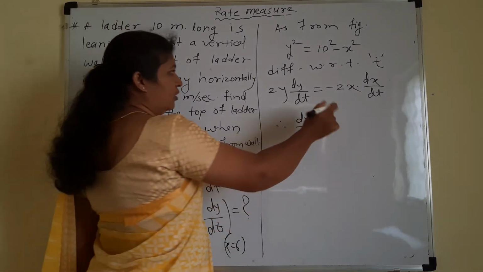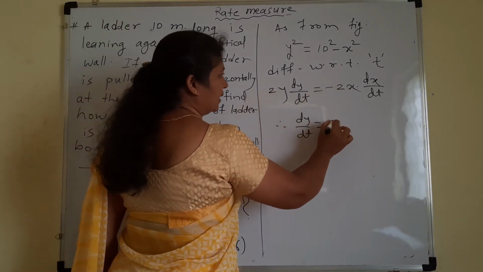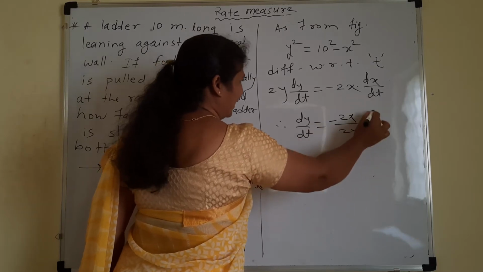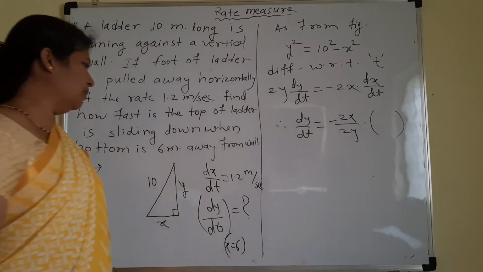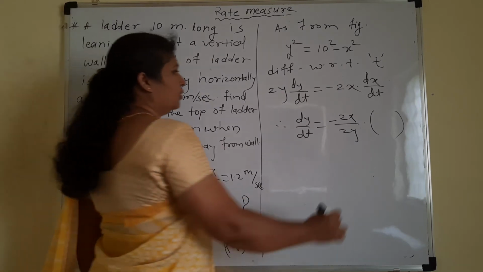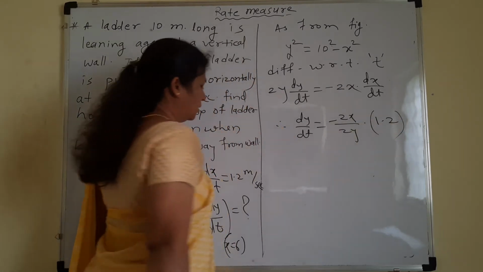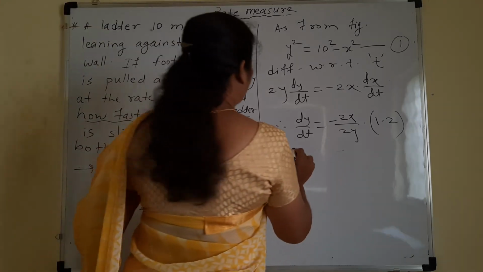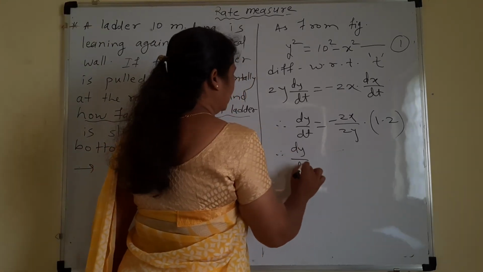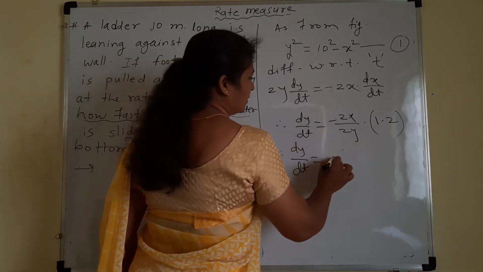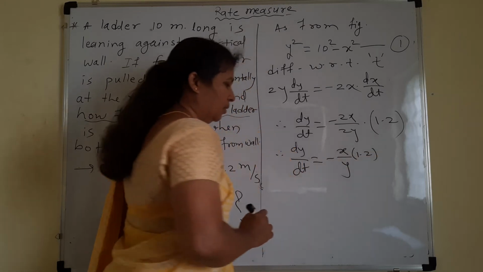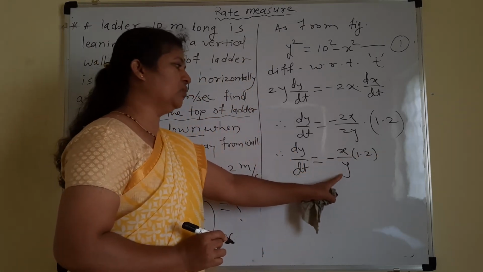So let us put the values and take this 2y on the right hand side, minus 2x upon 2y into dx by dt. What is the value of dx by dt? It is 1.2 meters per second. Okay, so therefore dy by dt is equal to, 2 cancel, minus x upon y into 1.2. Okay, now we have to find this y also.